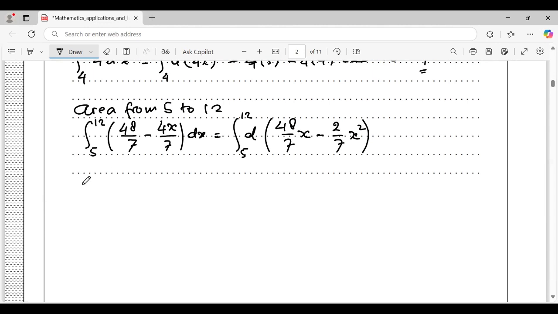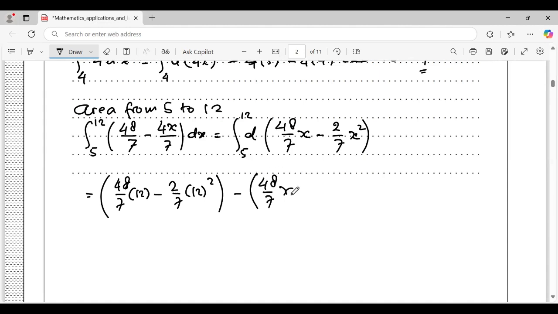We substitute 12 and 5: 48/7 times 12 minus 2/7 multiplied by 12 squared, after that minus, 48/7 times 5 minus 2/7 times 5 squared.